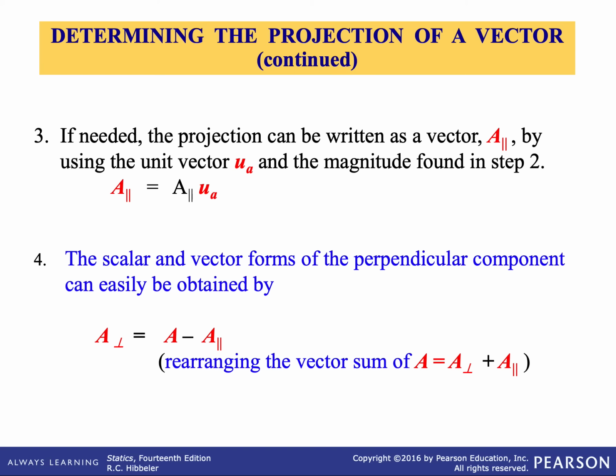First, you need to have the unit vector of the line that you are projecting on. You have your vector that you need to project. Do the dot product between your vector and the unit vector. That's going to give you a scalar. Then you multiply that scalar with the unit vector that you're projecting on, and this is your parallel component. And you can find the perpendicular one by just rearranging and subtraction.